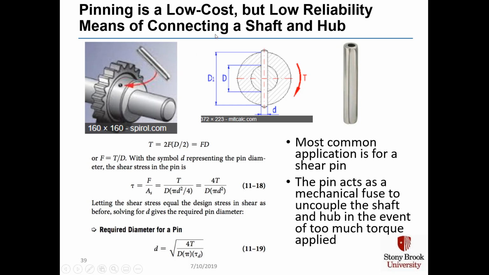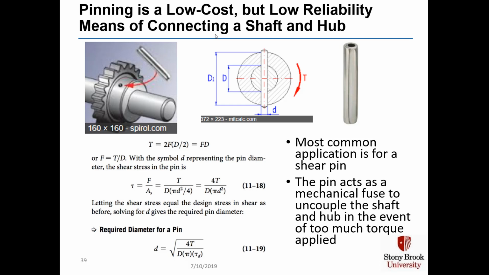The problem with doing this is that these roll pins are rather fragile and they don't really support a whole lot of torque, which is why the most common application for pinning is to have the pin act as a shear pin. In other words, it's a mechanical fuse to uncouple the shaft of diameter d and the hub of diameter d1 in the event that too much torque is applied to the shaft.